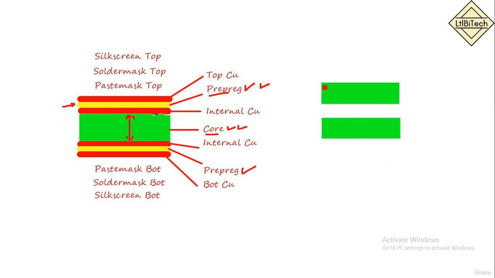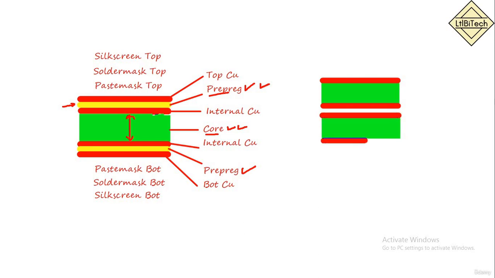You will have copper on top of the core and copper on the bottom of the core. Similarly, we will have another copper layer on top of the second core, and another copper layer on the bottom. So in total we will have 4 different copper layers, and in between them we will have the pre-preg material, which is used to combine the two core PCBs, or two laminate core PCBs.